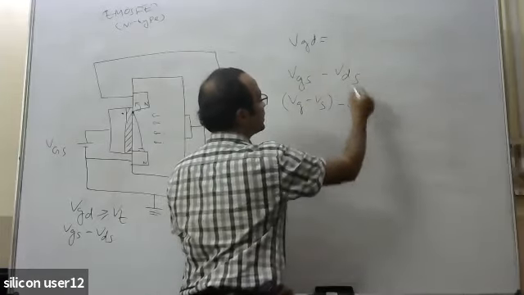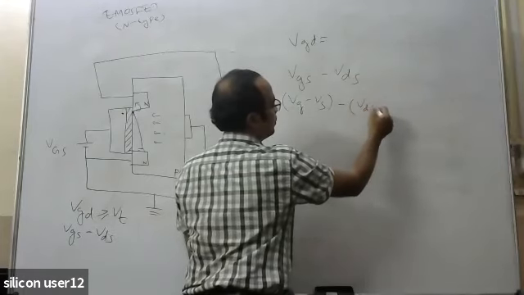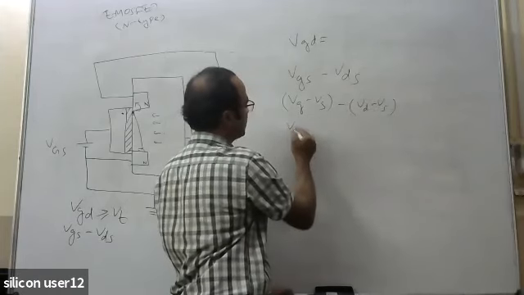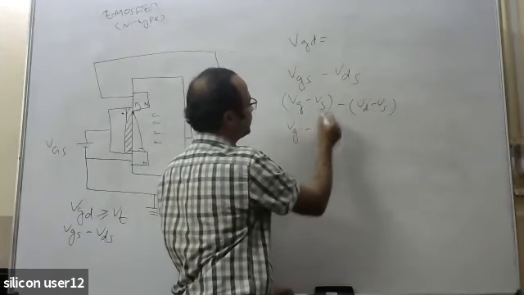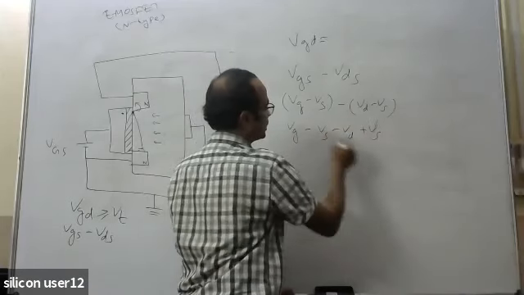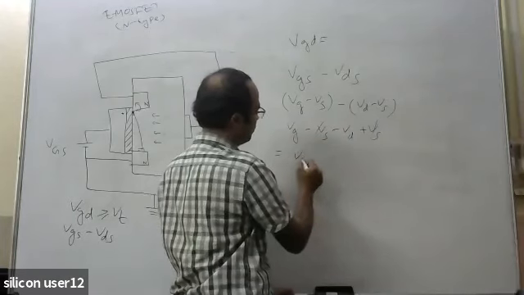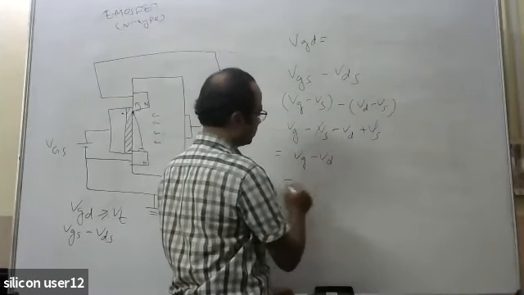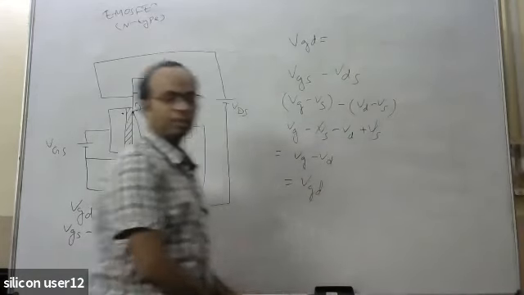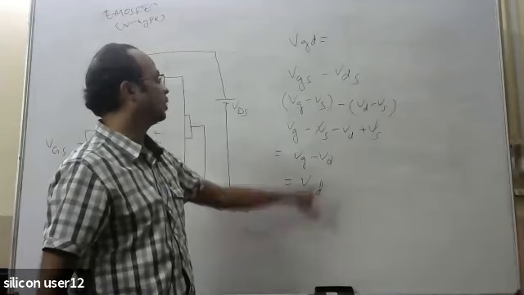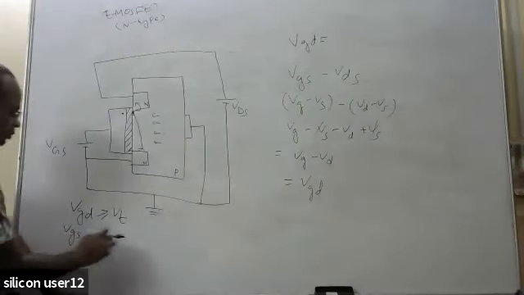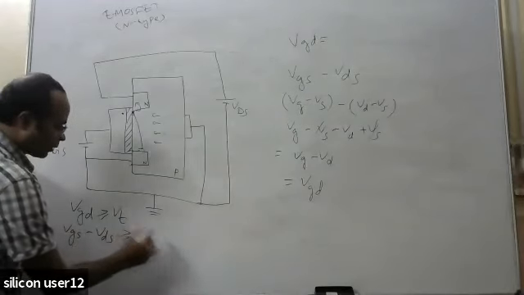Similarly, VDS is VD minus VS. Opening the brackets, it is VG minus VS minus VD plus VS, so VS cancels out, and it equals VG minus VD, which is VGD. So I can write VGD is equal to VGS minus VDS. This VGS minus VDS should be greater than or equal to VT.